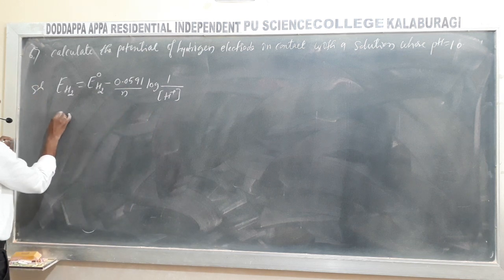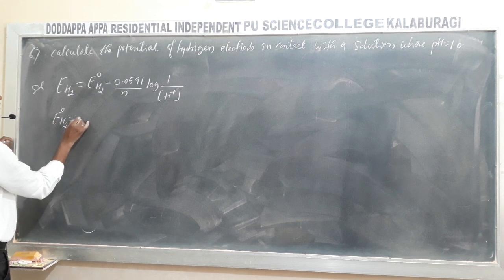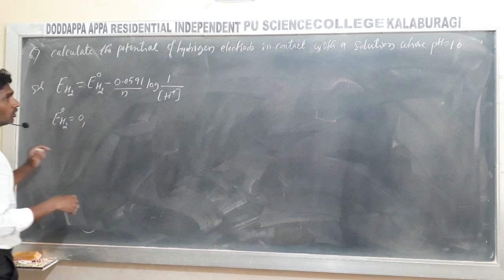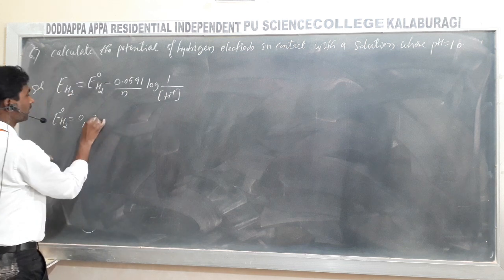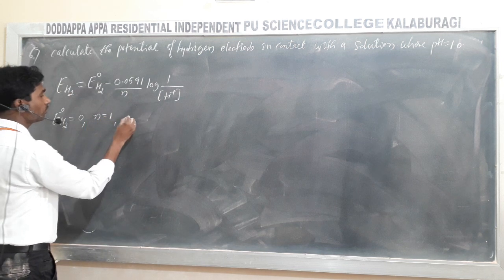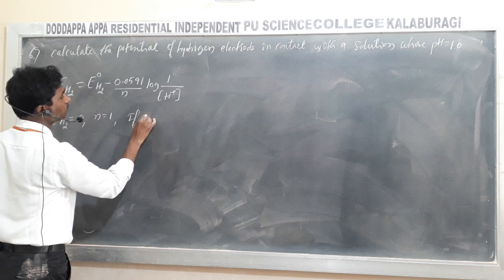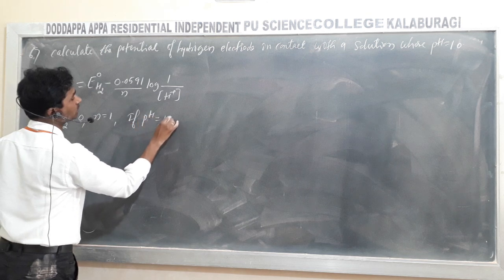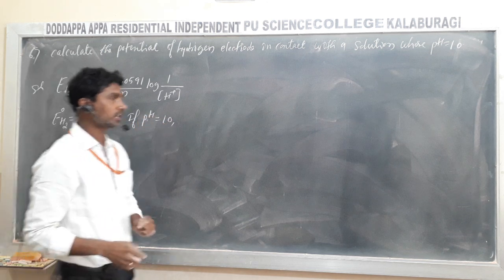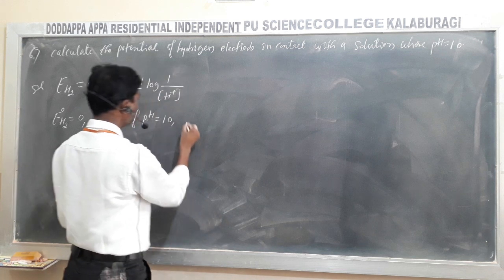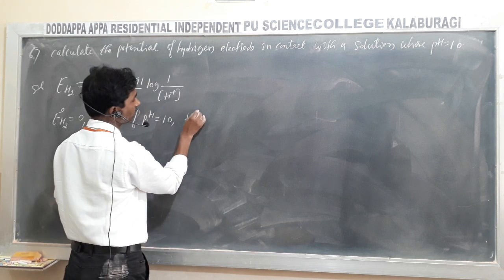We already know that E naught of hydrogen is 0. What is the valency of hydrogen? n is equal to 1. If pH is equal to 10, what is the H plus ion concentration?